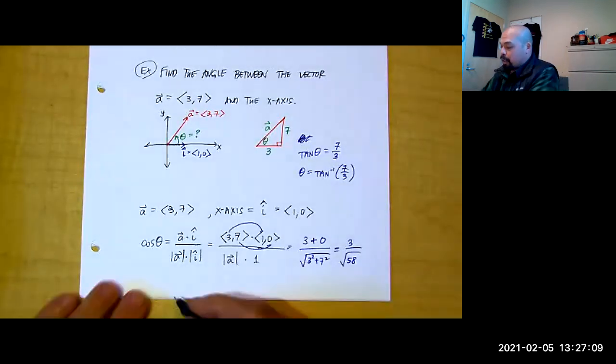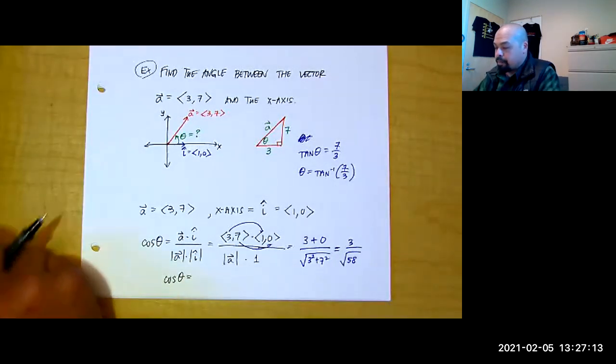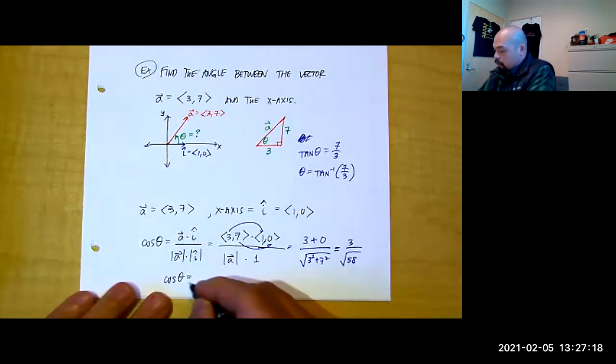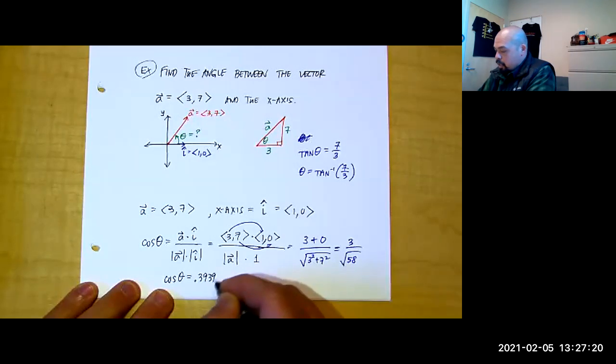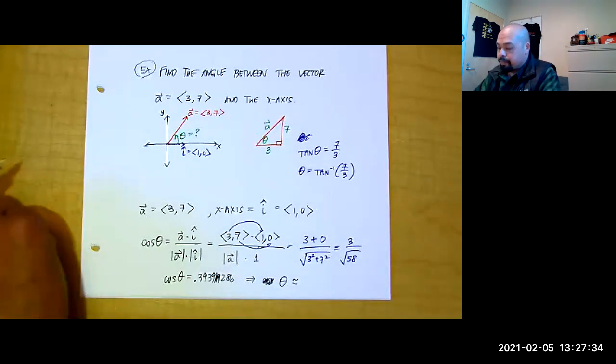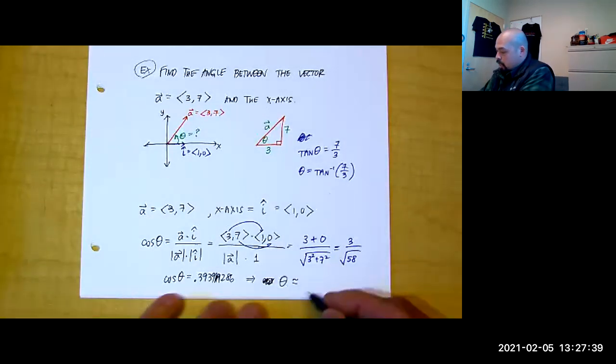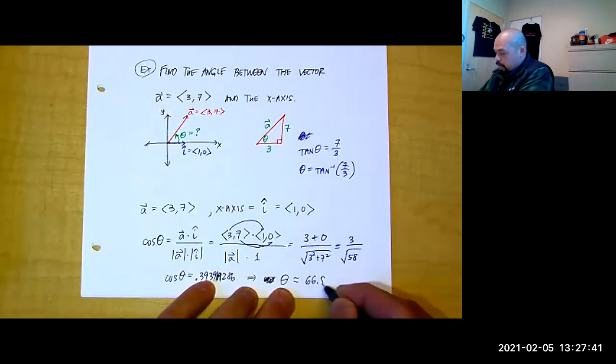I know I'm going rather quickly, but we can stop and review this. Doing that, 3 divided by the square root of 58, 0.3939192, so 9286. And in terms of degrees, doing our inverse cosine of that value, I'm getting about 66.8 degrees.